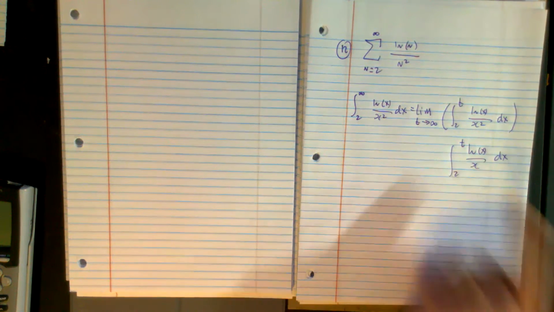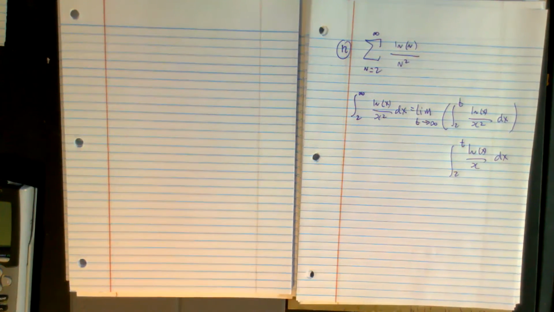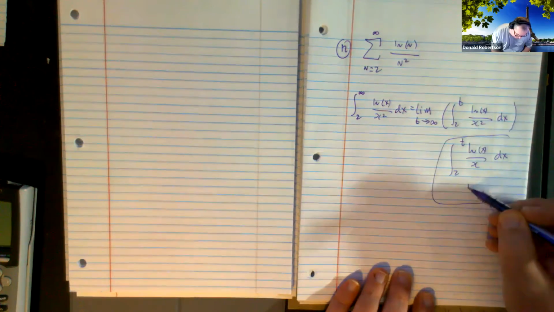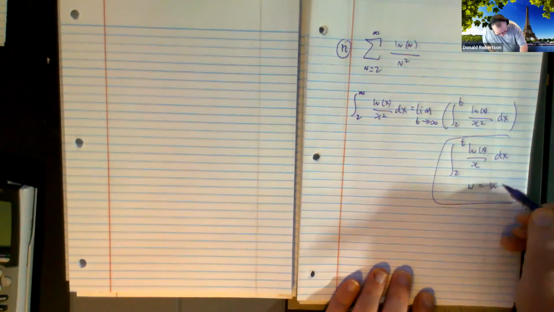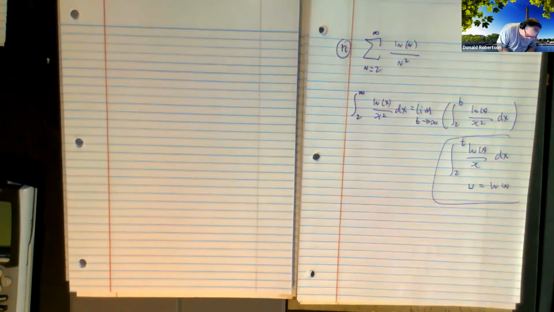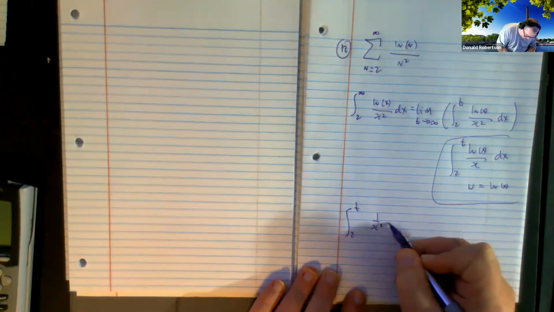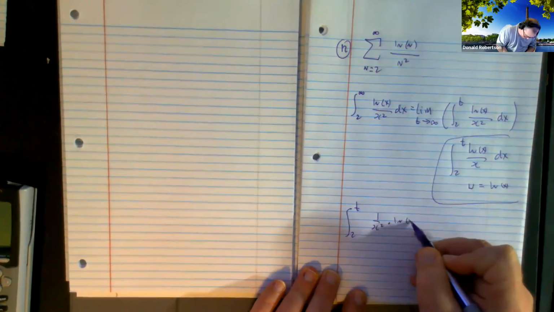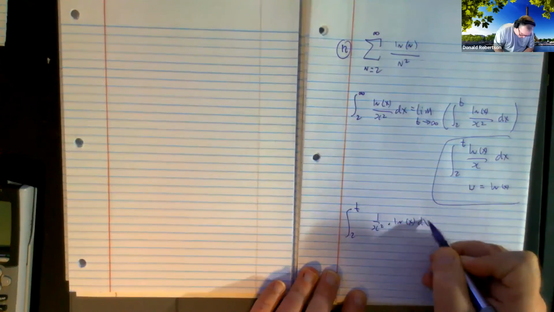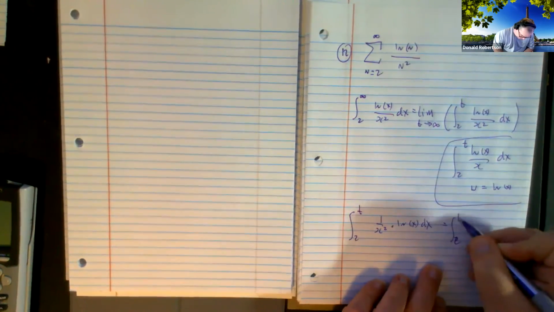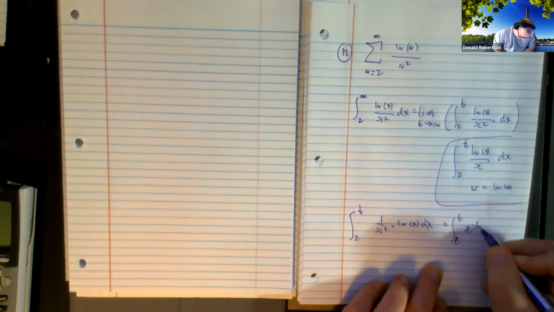U equals ln of x. So if it was this one, a U sub of ln of x. But this guy, no. This guy, you are going to write him like that. And then you're going to rewrite it with a 2.